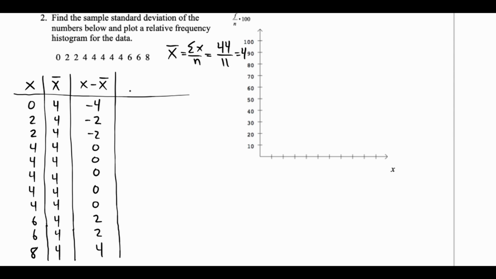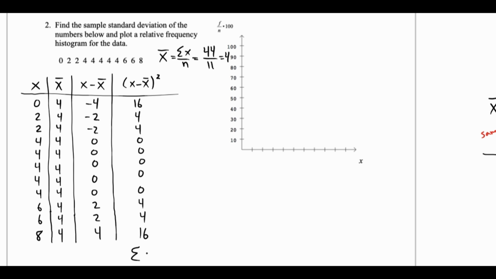Okay, once we have those deviations, we'll now square the deviations. So that's going to give us 16, 4, 4, 0, 0, 0, 0, 0. Then we'll have 4, 4, and 16. Let's get the sum of the squares. That comes out to 48 if you add all these values together.